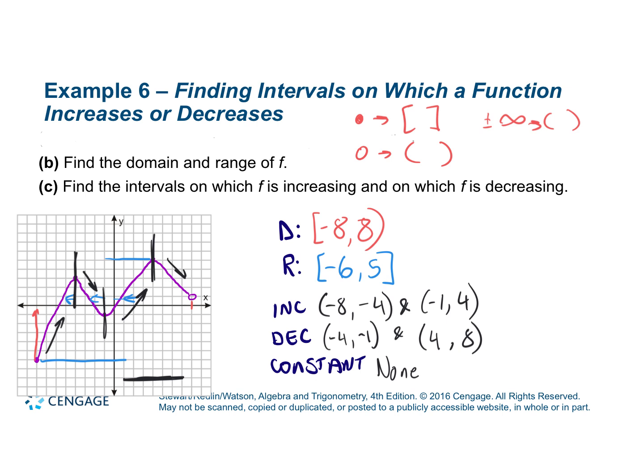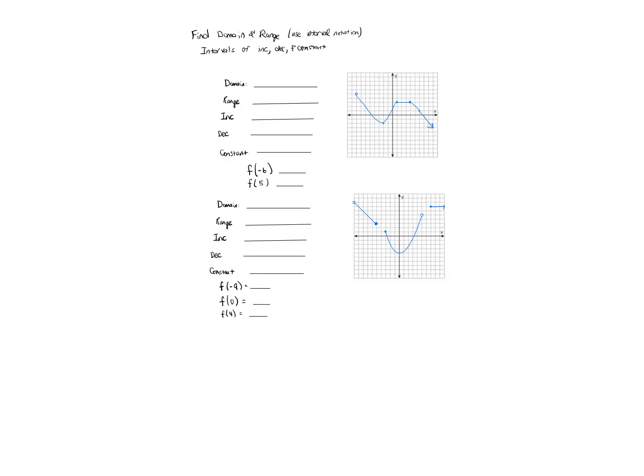Or none, or there's no constants, or anything that will let me know that's not a constant. Please do not write 0, because 0 is a number. And I accepted it for the equation ones, but I can't do that for the graphs. So please make sure you write none or not a constant when it comes to if you don't have one. If you have one, you would write that little segment, whatever it is, the same way we would do increase and decrease, just for that horizontal line.